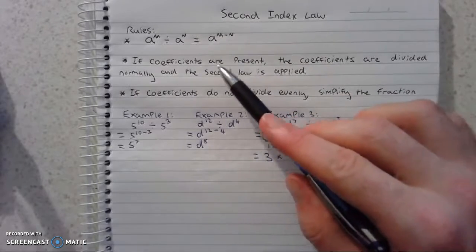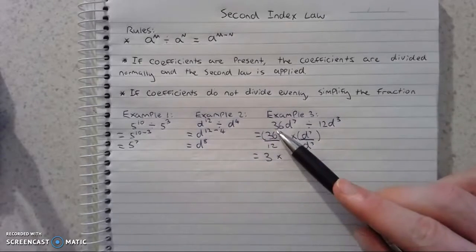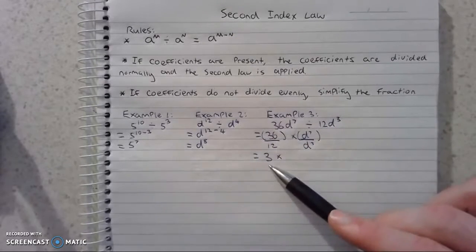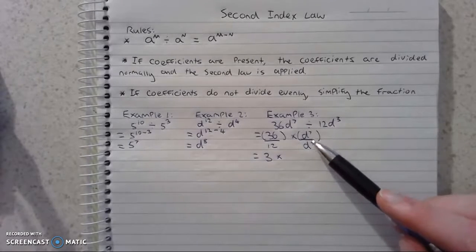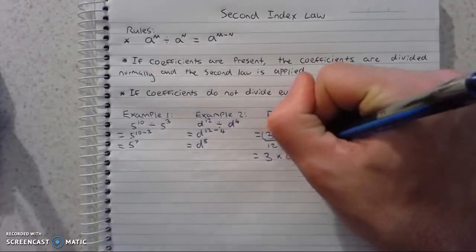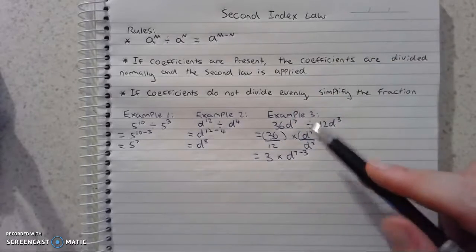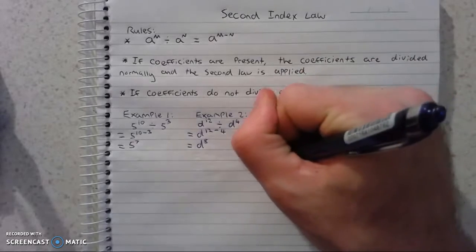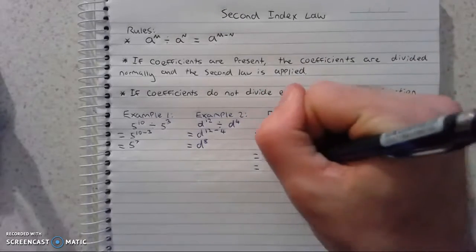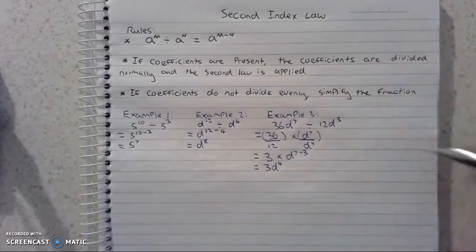So we've divided our coefficients like normal, 12 goes into 36 3 times, and then we apply our second law right here, which we know would be d to the power of 7 minus 3. So that can be written as 3d to the power of 4.